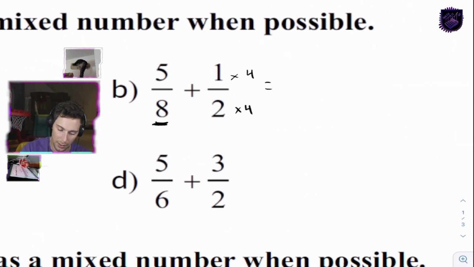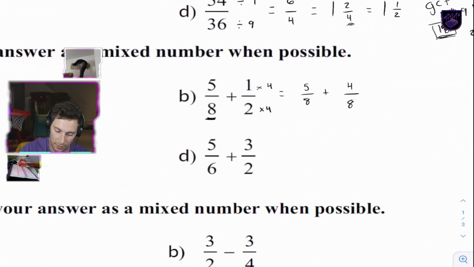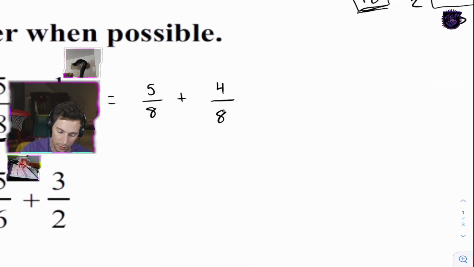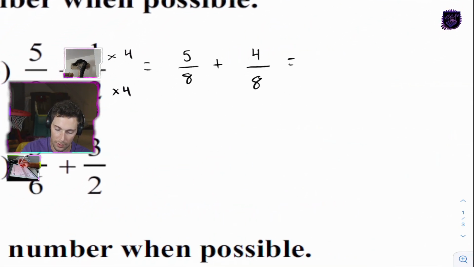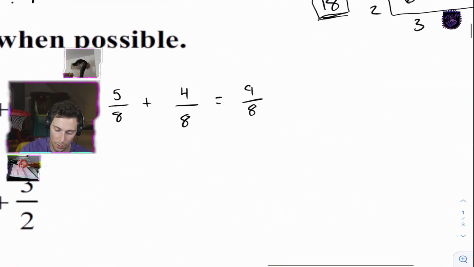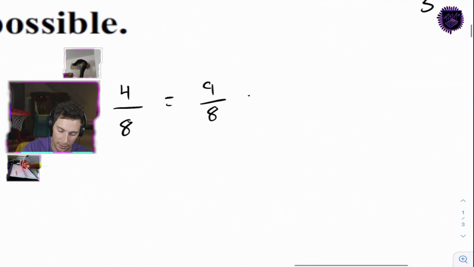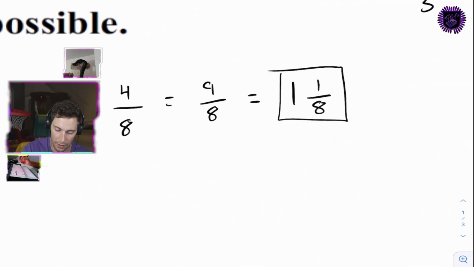So it's going to be equivalent to 5/8 plus 4/8, which is going to equal 9/8, or if we write it as a mixed number, 1 and 1/8, and that will be our answer, 1 and 1/8.